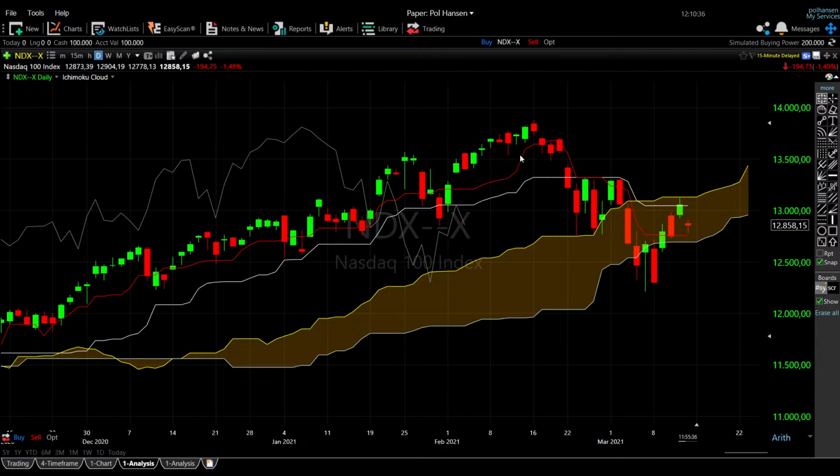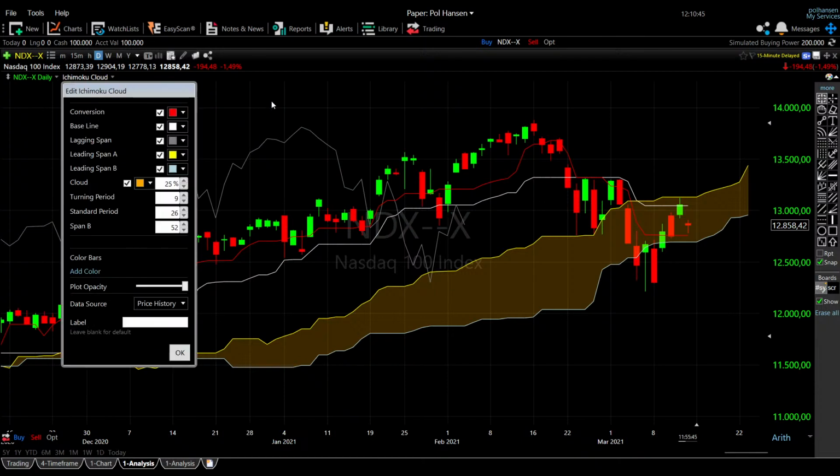So the red line is the convergence, and then we have the white line here, which is a 26 moving average. If you look at the details for this cloud, we have the convergence, which is the red line, then we have the baseline, which is the white line. The red line is a 9 moving average, and the white line is a 26 moving average.